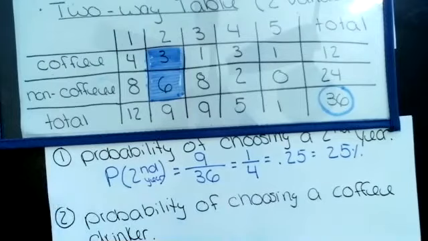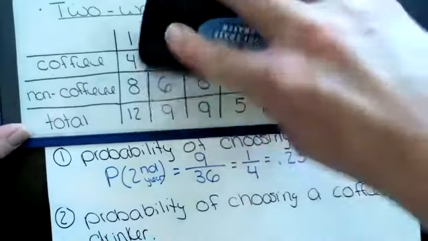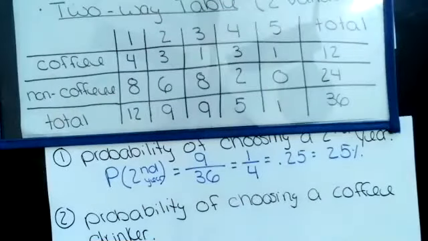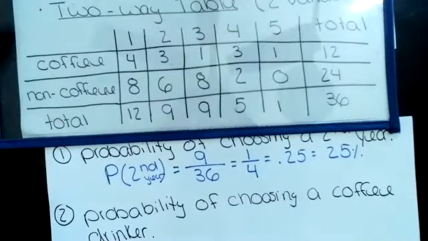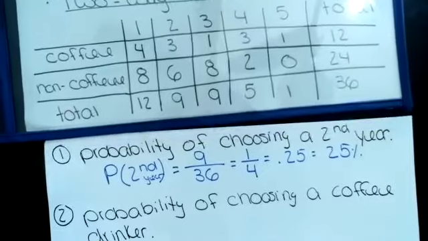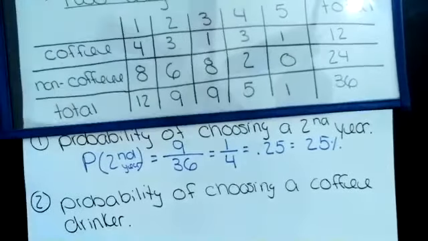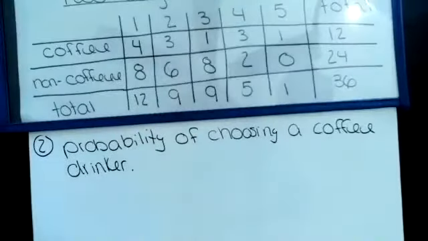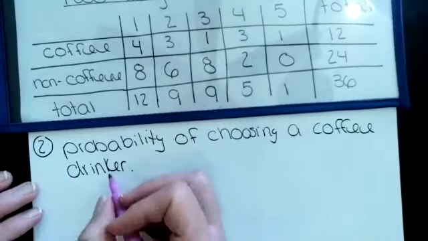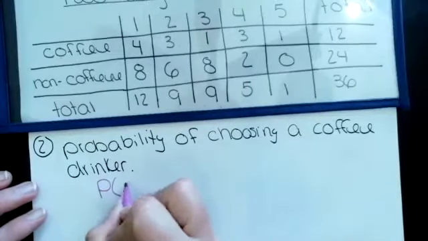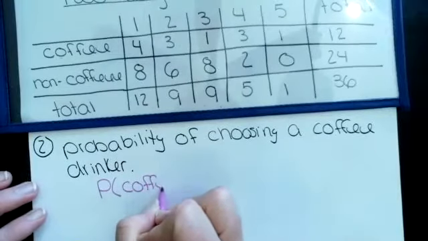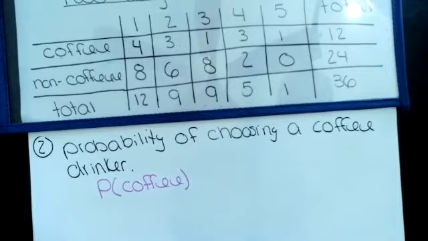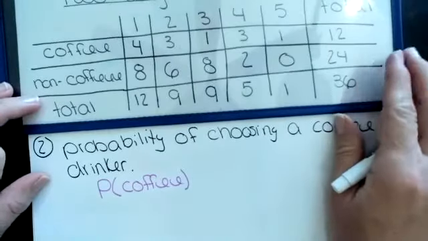But what I want to show you is how to do it using the table. So my notation is probability of coffee. Now, it doesn't matter what year level, I'm just interested in someone being a coffee drinker.